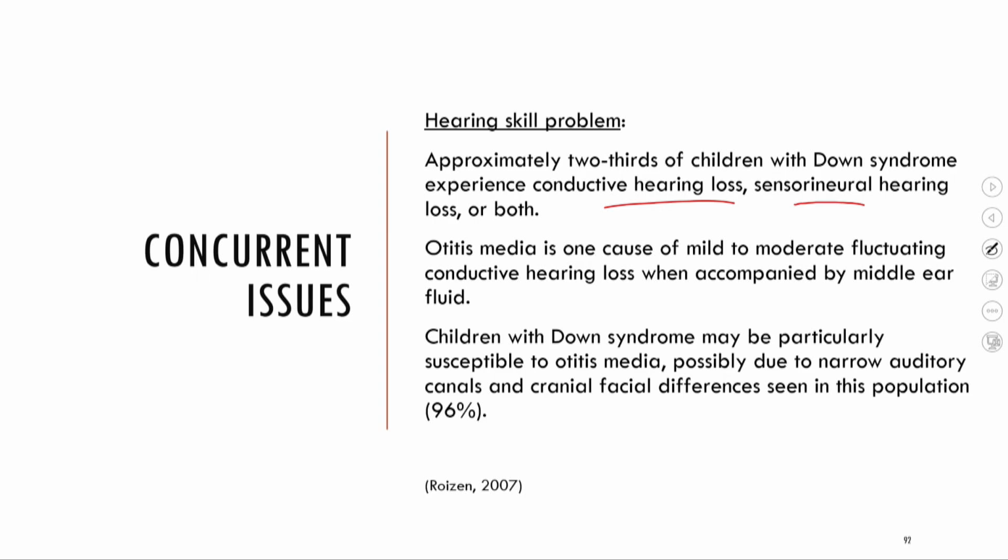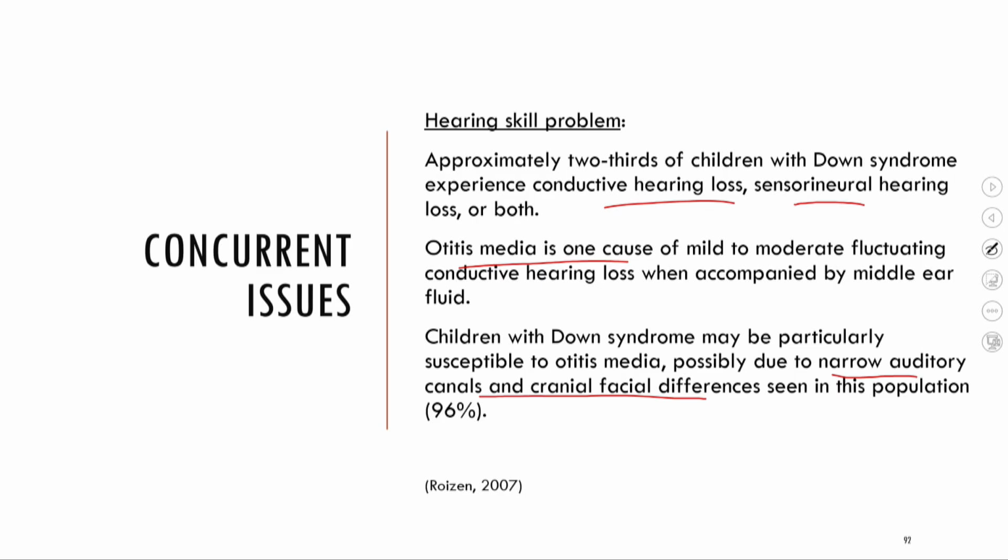Otitis media is one cause of mild to moderate fluctuating conductive hearing loss. This is one of the reasons for this kind of hearing loss, and this is found very often with children with Down syndrome as well. They may be particularly susceptible because of narrow auditory canals and craniofacial differences.